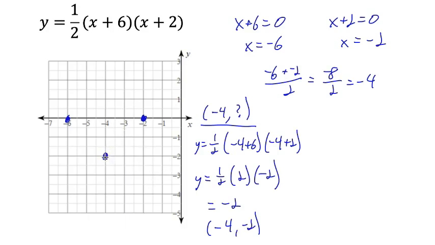Let's get a couple more points by moving over 1 unit. And we'll use x equals -3. So let's find the y value when x equals -3. So I'll substitute -3 into the equation for both x's.